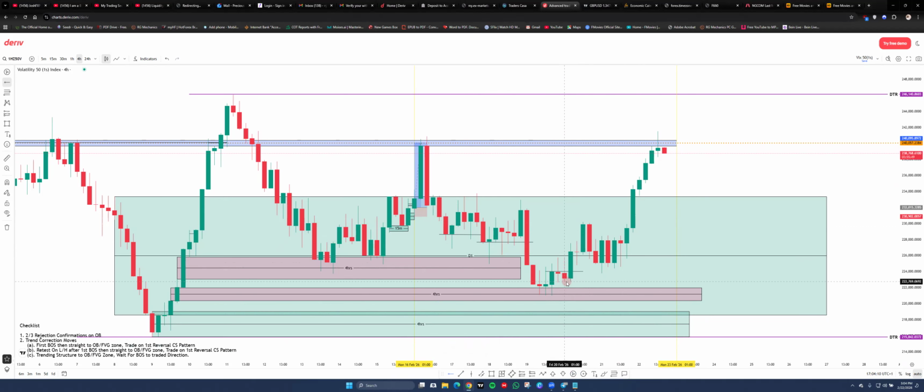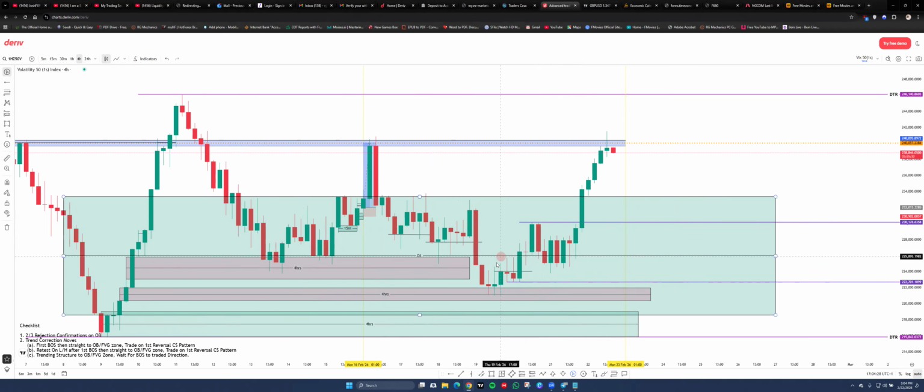Sorry, I'm trying to pick this up. So this is the trading range here. Yeah, this is the trading range. So we had this break, and now we have this full range to trade from.